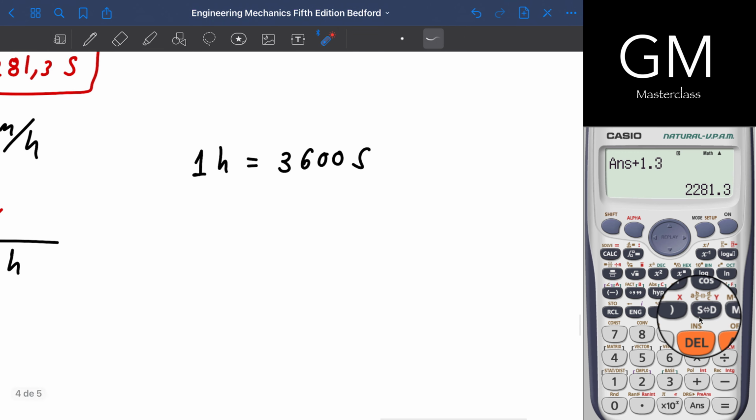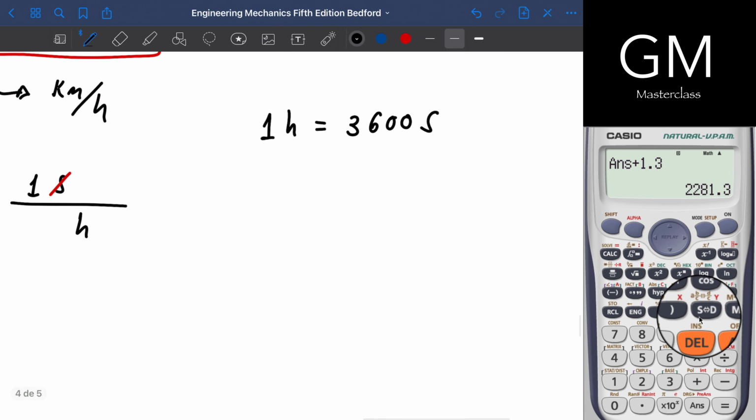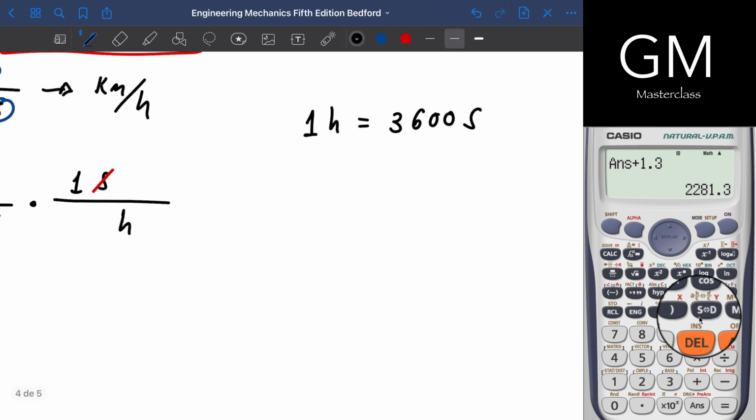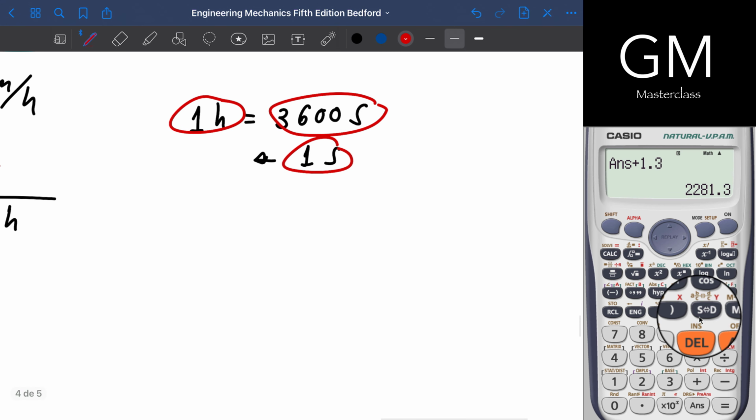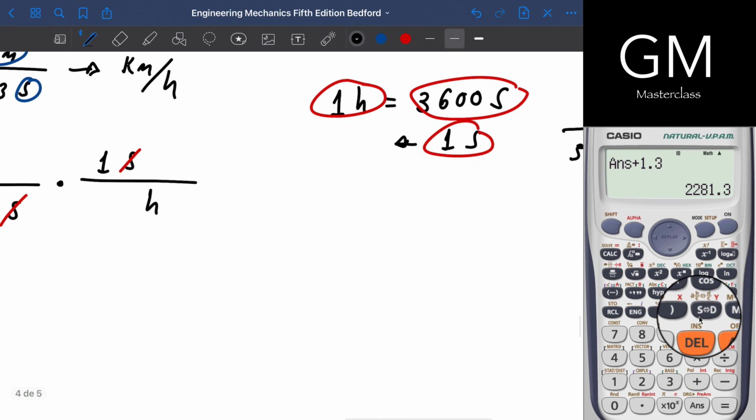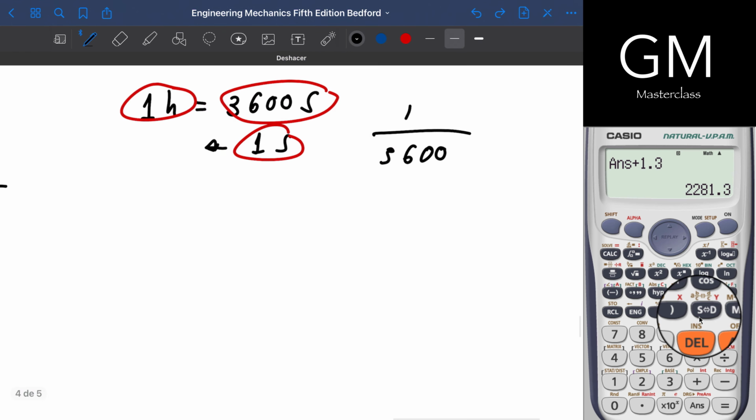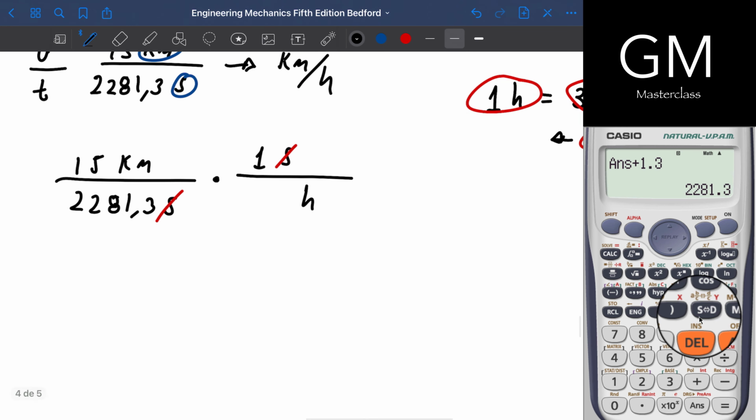This is by just memorizing the result. So the result is actually just 1 divided by 3,600 seconds, and this is going to be in hours.